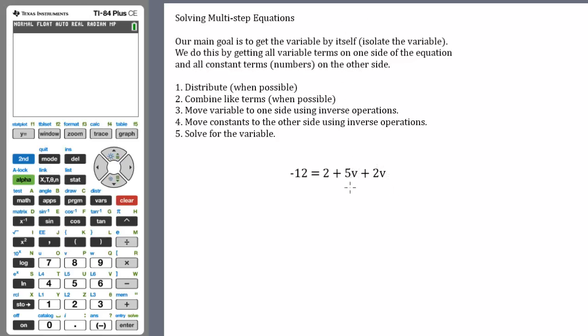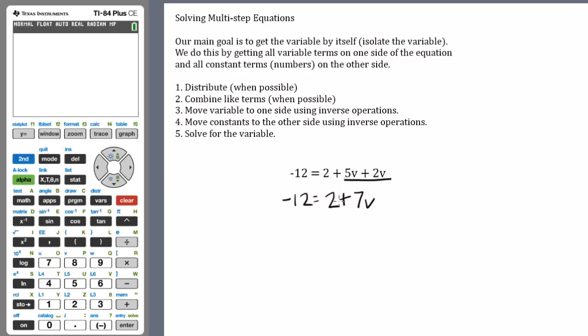If you look over here, you have 5v plus 2v. Those are like terms. So we can combine those, and they become positive 7v. And everything else stays the same. So you have negative 12 equals 2 plus 7v. All we did was combine the 5v and the 2v.